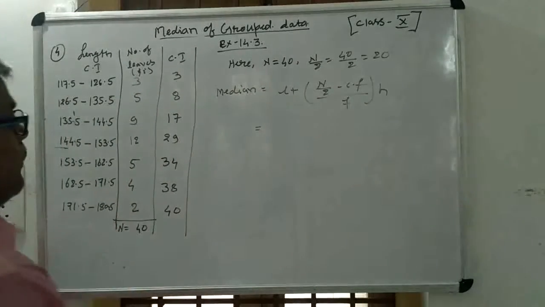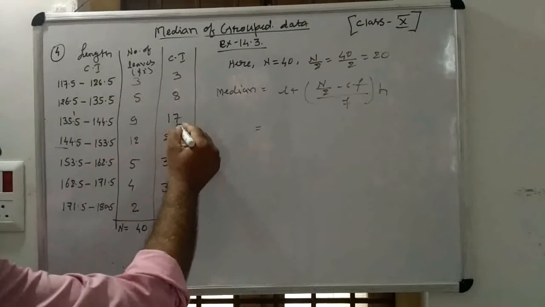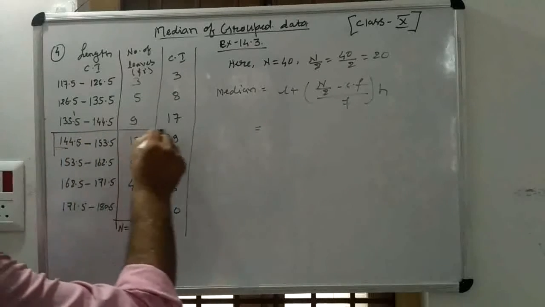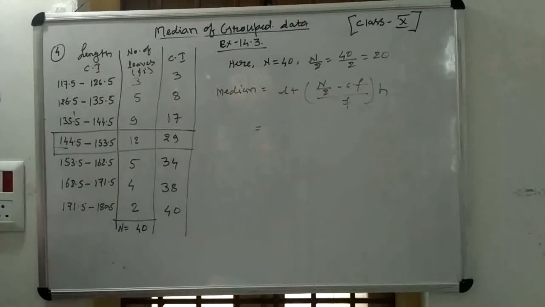Now identify the median class. 20 is more than 17 but less than 29, so your median class will be 144.5 to 153.5.